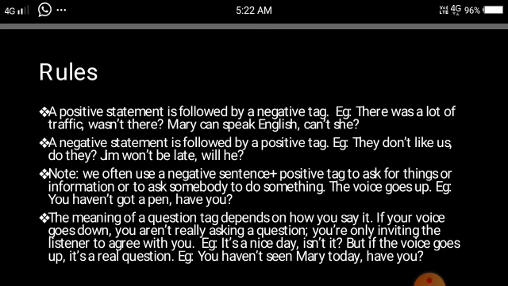Now, when you want to add a question tag, Mary can speak English. You want to be sure. So what do you do now? To the given statement, the positive helping verb can is converted to the negative form cannot, can't.